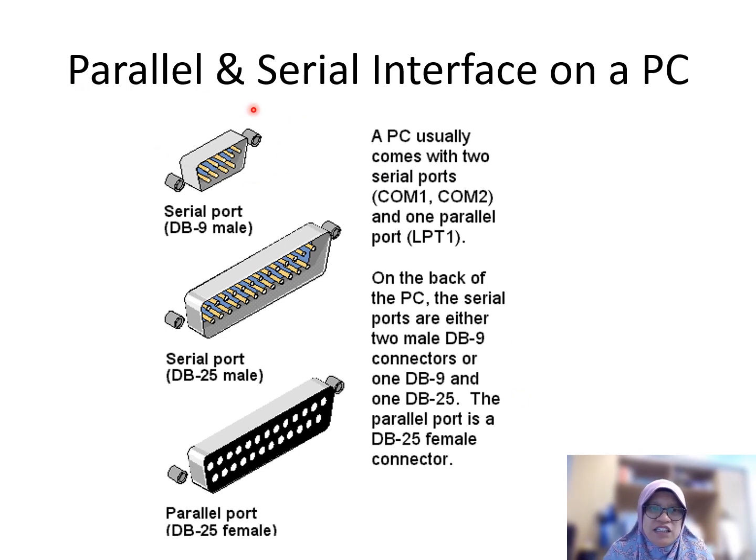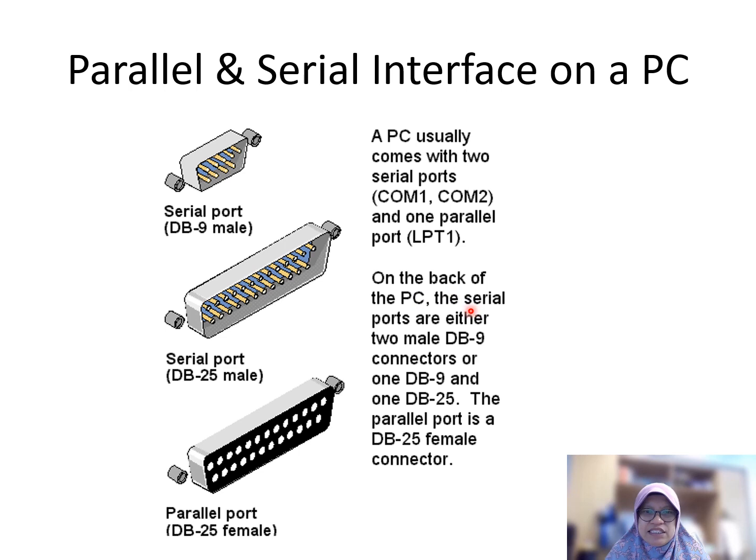As you may see here, we have a serial port. If you look at your PC, sometimes they have serial ports with different pins. Serial port DB9 male, and serial port DB25 male means that there are 25 pins on that port. A PC usually comes with two serial ports, COM1 and COM2, and one parallel port, which we call LPT.